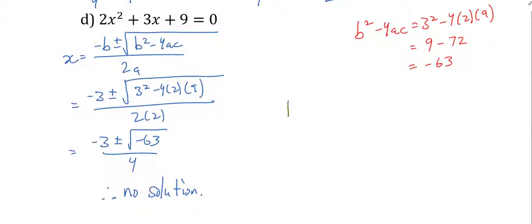So if, we're going to write this down, I think you should write it down too. If b squared minus 4ac is greater than 0, or positive, greater than or equal to 0 actually, then you can solve it. It's solvable.